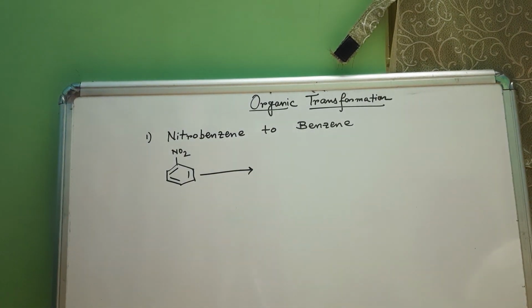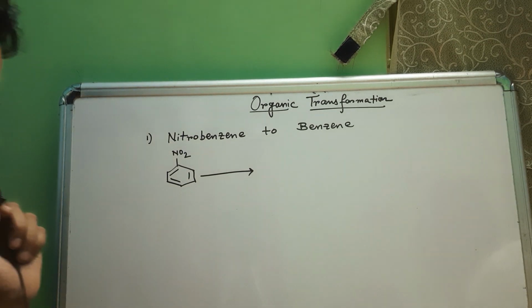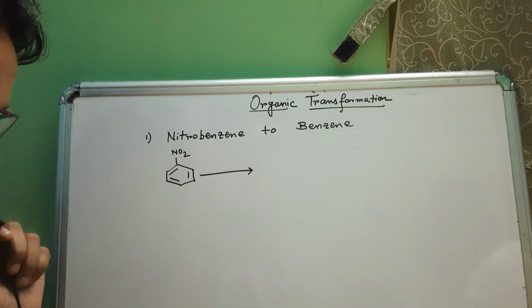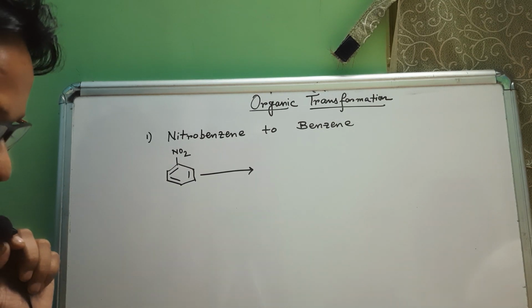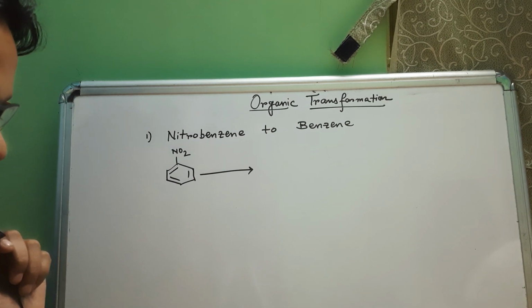So at first, this transformation will be done through what reaction? Through the Sandmeyer reaction and diazotization.